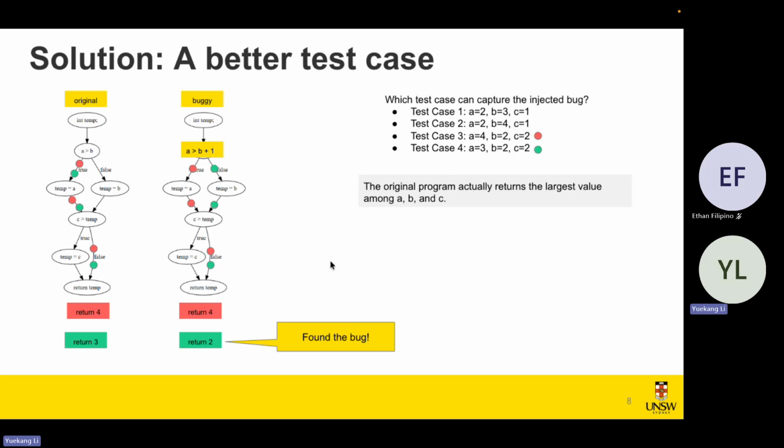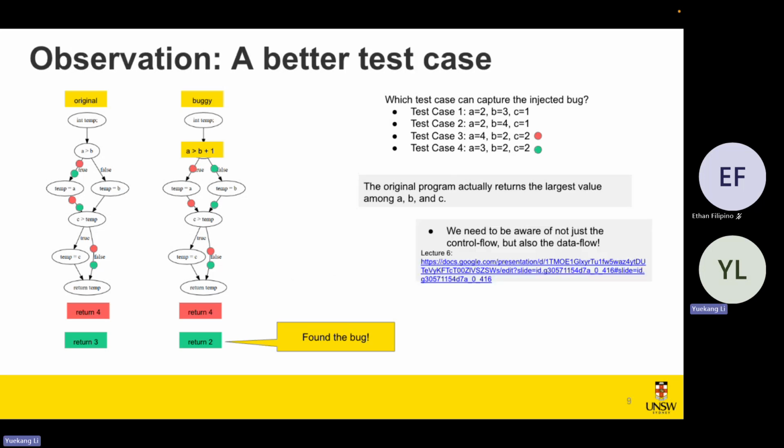From this observation, we can see that although we have achieved 100% path coverage with the original test suite, we may still miss certain bugs. This is why we need to be aware of the actual values, not just the execution paths, not just covering all the possible execution paths.